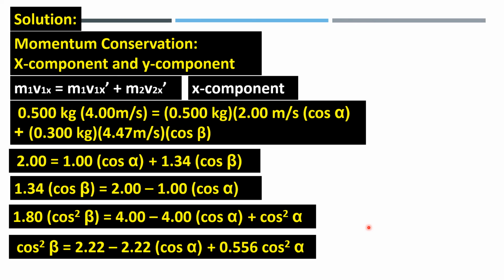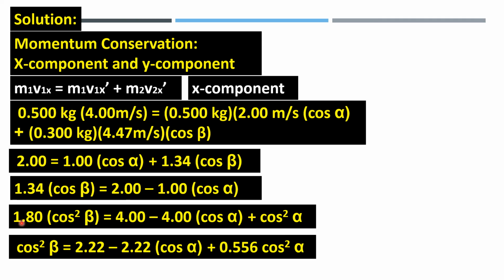All right, so from here, we just isolate the terms such as cosine squared beta. We isolate it in such a way that it only appears all by itself on the left side. So what did we actually do here?